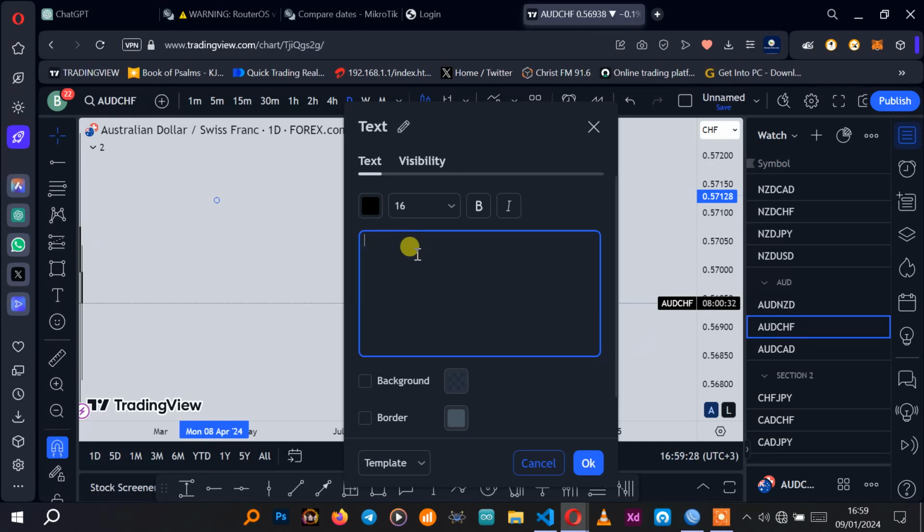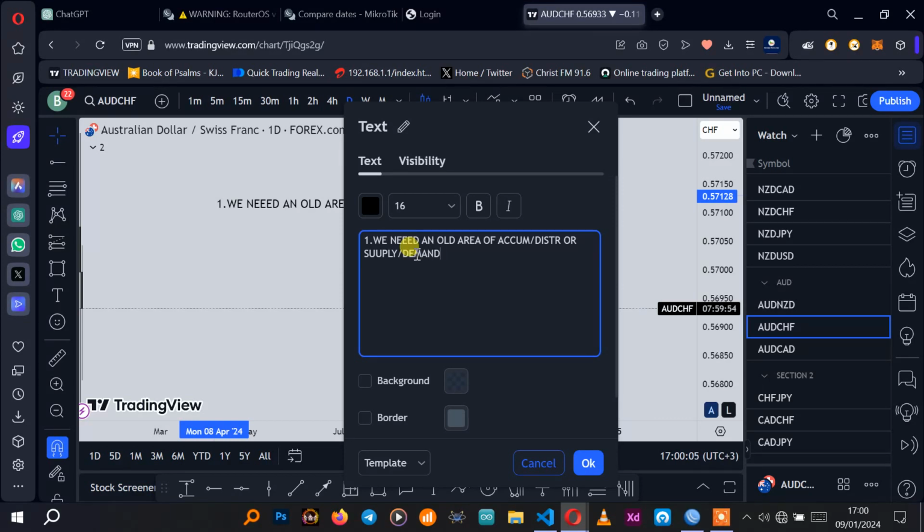So, the first thing is, one, we need an old area of accumulation or distribution, or, for supply and demand traders, you may call it an old area of supply or demand.